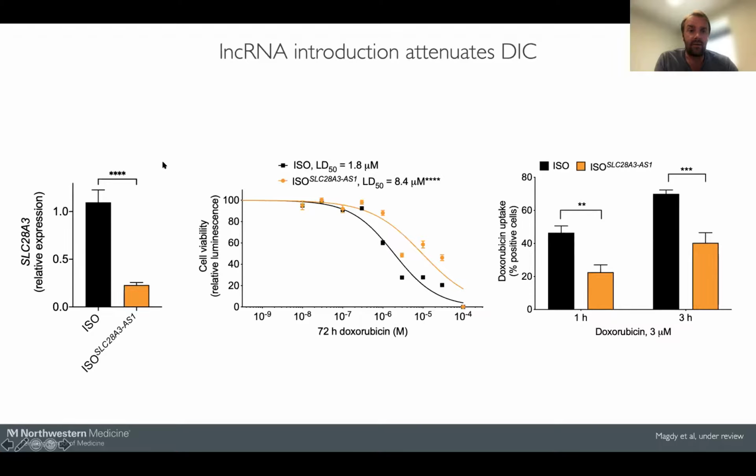So we can also express this long non-coding RNA individually, which does reduce the level of expression of SLC28A3. And now you're used to these LD plots, you can see that the expression of this long non-coding RNA is significantly protective from doxorubicin cardiotoxicity, and reduces the uptake of doxorubicin by around about half.